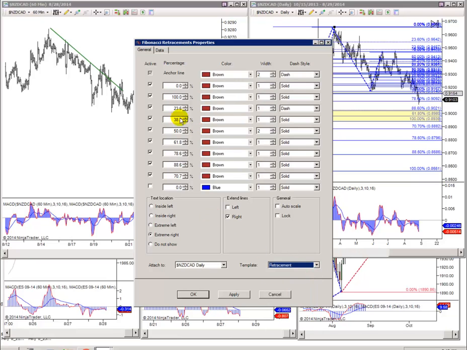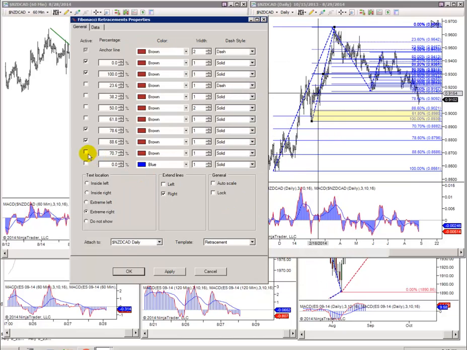Actually, let's just change the chart here. All right, so we're using a NinjaTrader platform, and I'm showing you how I typically like to look at the market.